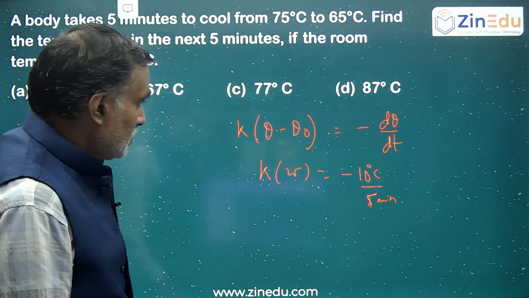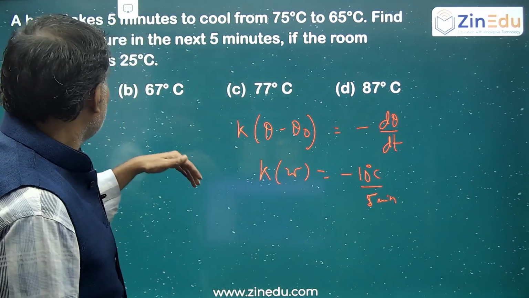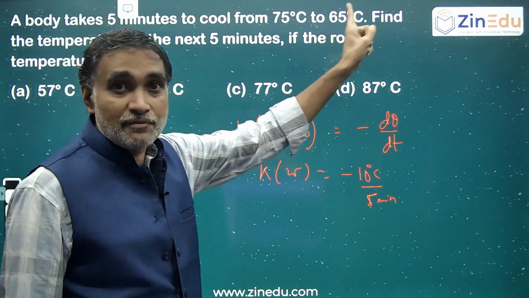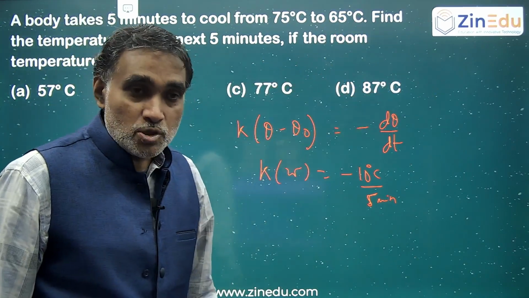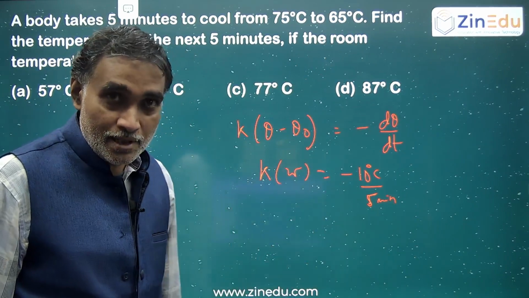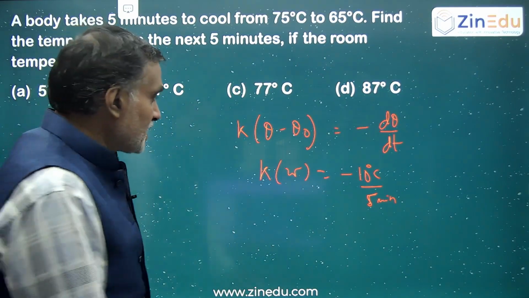Now, the next case: find the temperature in the next 5 minutes, that means from 65 to the final temperature. Let us say the final temperature is theta, so 65 becomes theta, and the average is 65 plus theta by 2.